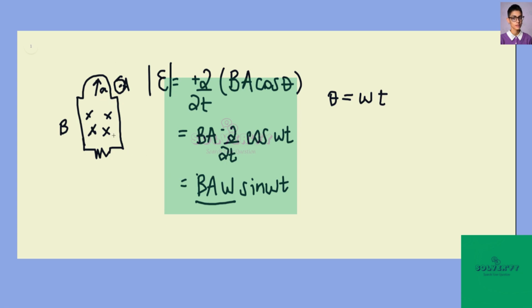So the total area of this whole thing could be thought of as the area of the round part plus the area of the rectangular part. The area vector of the rectangular part does not change at all with respect to time, relative to the B vector.